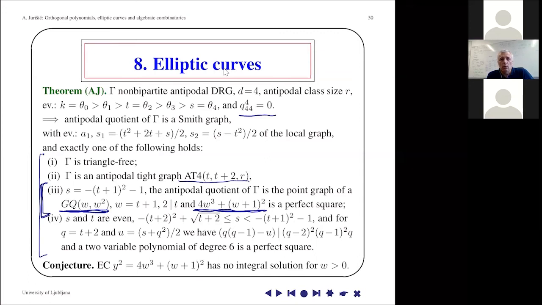If you take W to be 0, then you get Y to be plus minus 1. So there are two solutions, but if you assume that W is positive, then I suspected that there are no solutions. I thought, well, the theory of elliptic curves will just tell me that.